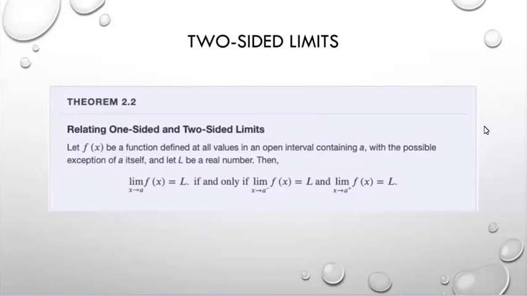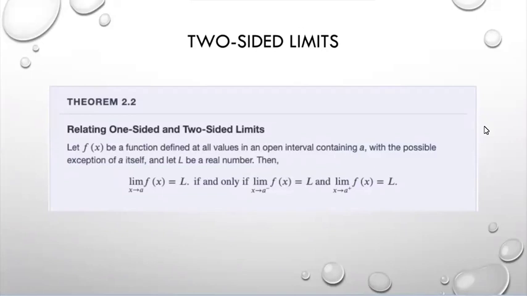So now we said we have this f of x, which is a function defined for all of the values in an open interval that contains a. And again, it doesn't really mean that the function is defined at a within that interval. And L is going to be just a real number.